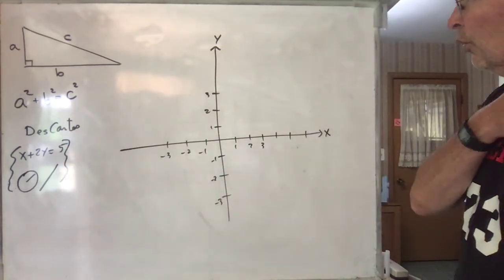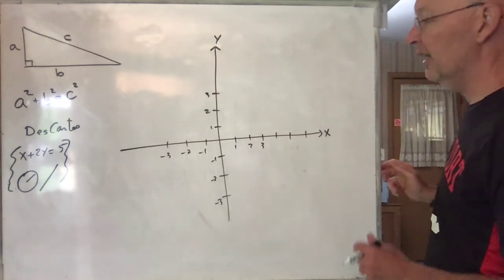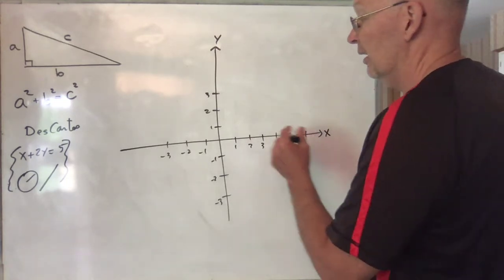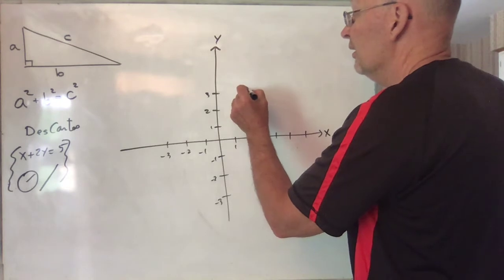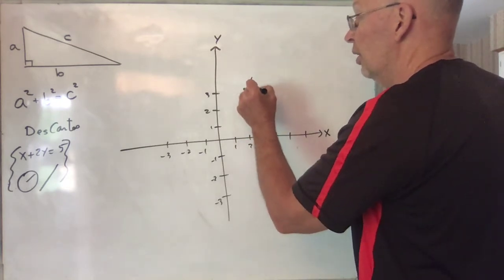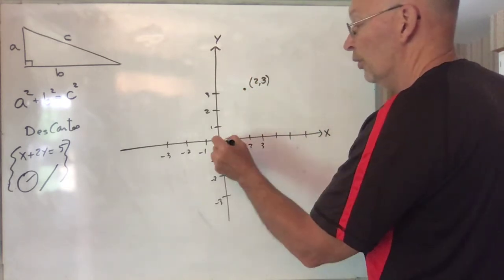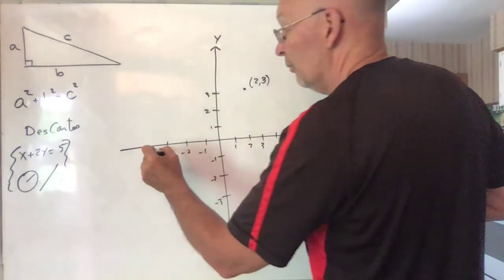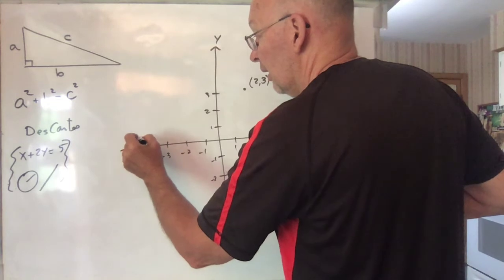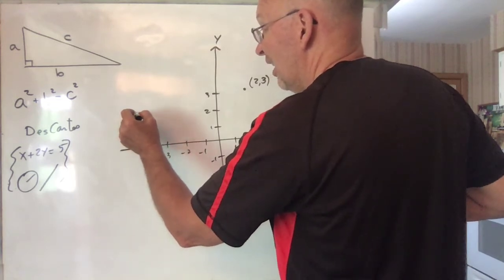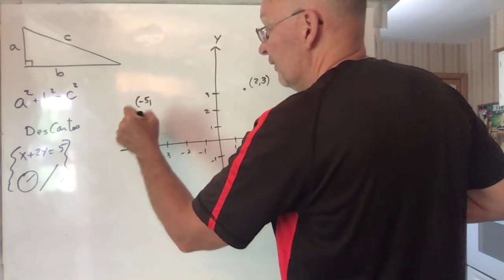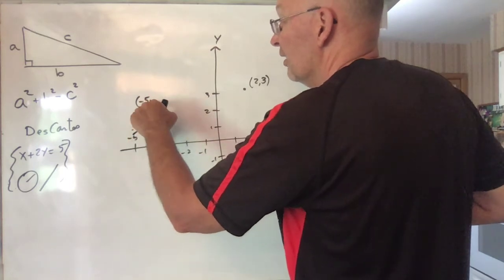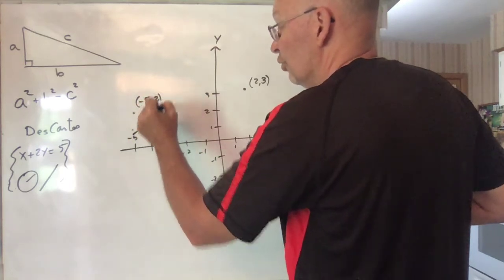And what makes that so cool is you give me any point on the plane and I can give you the address of it. The address of this point right here would be the point 2, 3. We always put the x coordinate first and then the y coordinate. And so this one right here would be what? -5 on the x-axis, and then 2.